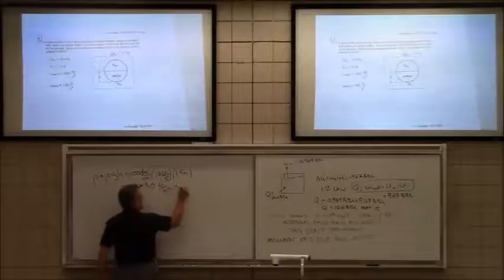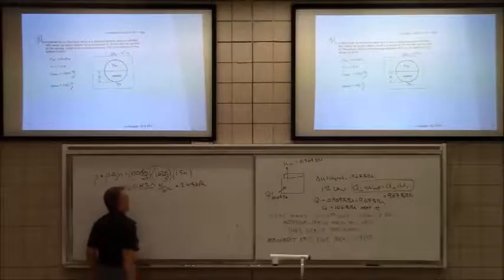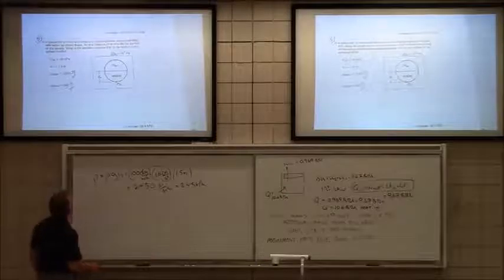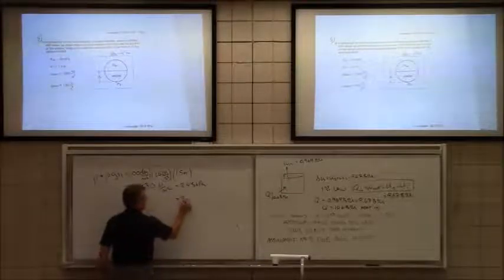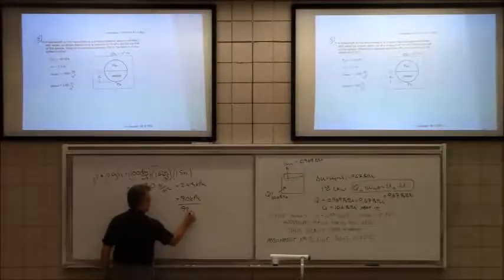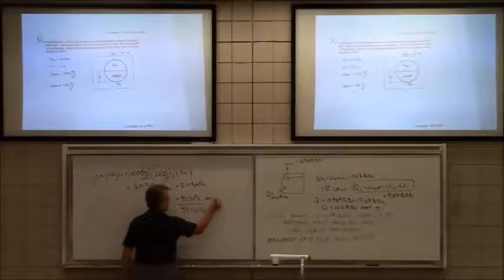So this is 2.43 kilopascals. Okay, and then we add to that 90. And we get about 92.4 kilopascals, because this is the air pressure, right?